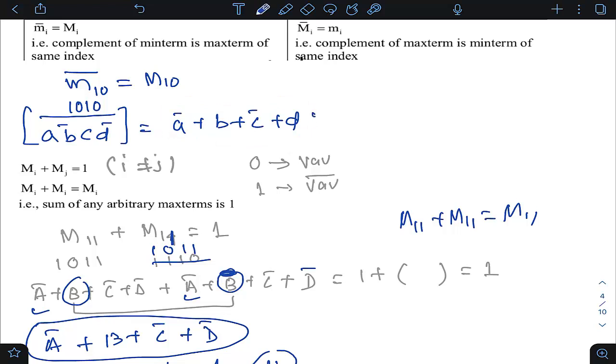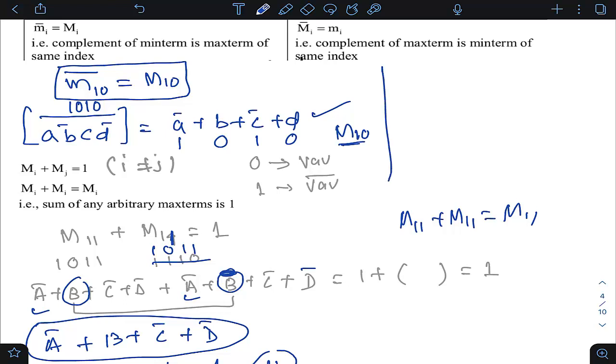So this is a sum term with variable complement as 1 and variable as 0, so you get 1 0 1 0. Don't you think this is maxterm 10? Yes, it is maxterm 10. So minterm 10 complement is maxterm 10, or here you can see maxterm 10 complement will be equal to minterm 10.